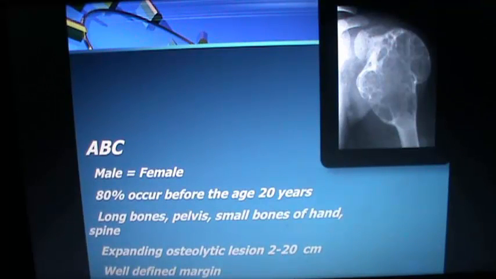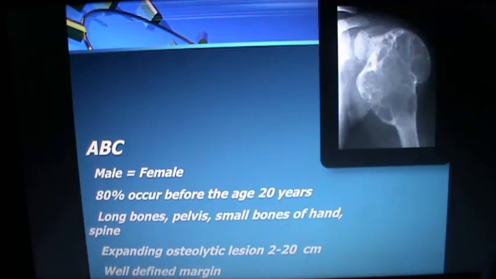When the lesion is blowing out of the bone, that means it is an aneurysmal bone cyst. It starts in the marrow again, and it results in either central or eccentric expansion with marked thinning of the cortex. The cortex becomes very thin.